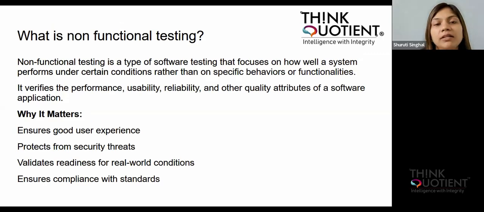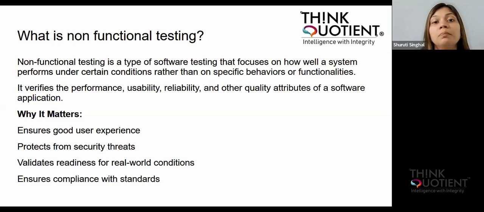So what are the parameters that we actually cover? We are going to discuss that next in this session. Now let us discuss why it is important and why we are doing it. Here we basically check how well my system is going to perform in certain conditions. We are also going to check, is my application secure or not? Can it handle any kind of load or stress?